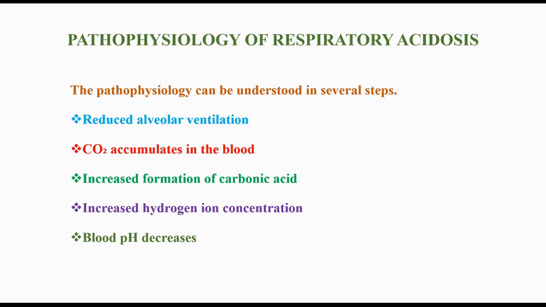The carbonic acid then dissociates into hydrogen ions and bicarbonate. As a result, the hydrogen ion concentration increases. Since pH is inversely related to hydrogen ion concentration, an increase in hydrogen ion causes a decrease in blood pH.